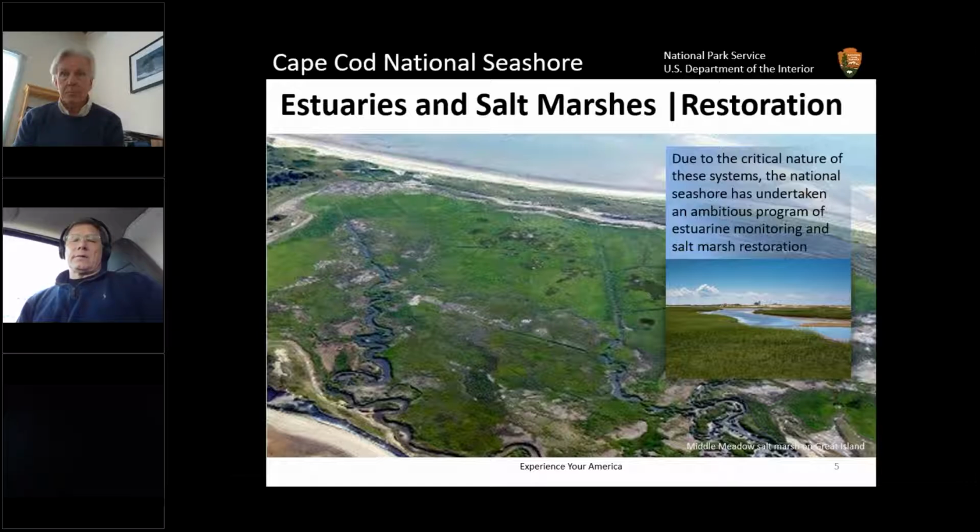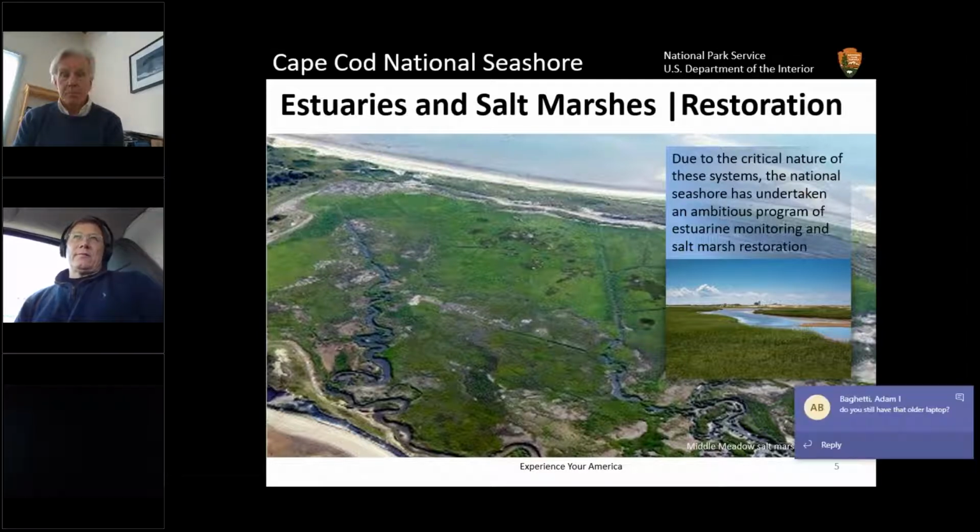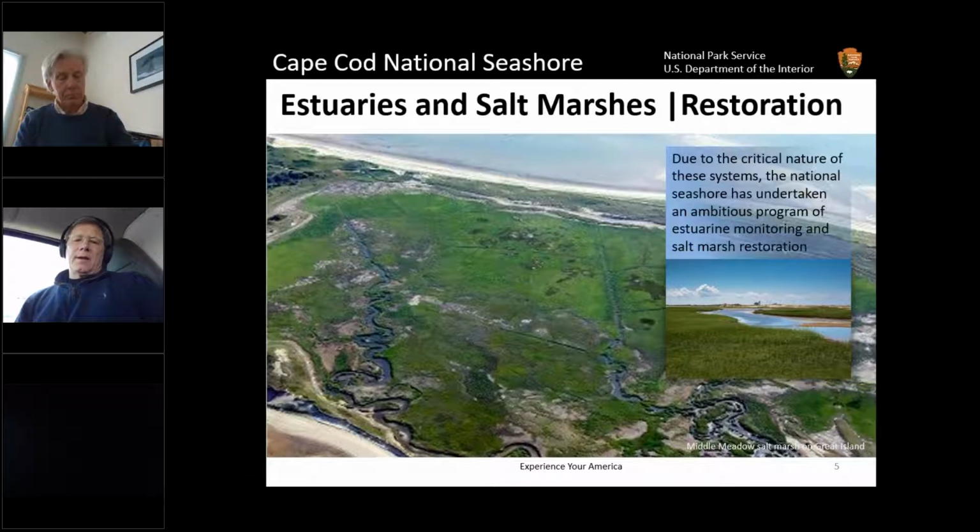We are at the crux of sea level rise and climate change, and we know that there's a lot of subsidence happening in conjunction with rising sea levels that are changing our salt marshes at rates we're not sure they're going to be able to sustain. A lot of work has been done on that for many, many years, and we keep that effort going so that we'll hopefully be able to stay ahead of the tide cycles a little bit, so that we can keep those marshes as viable as possible. Next slide, please.